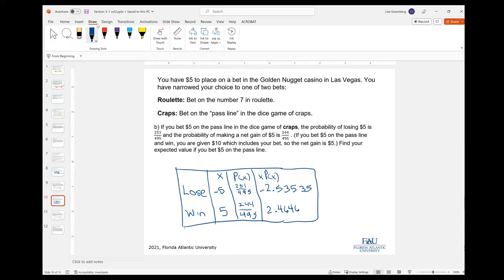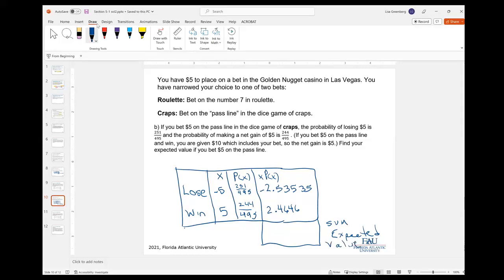So now let's see what our net is, right? Or my expected value. So to find my expected value, I sum these. And I'll get my expected value.